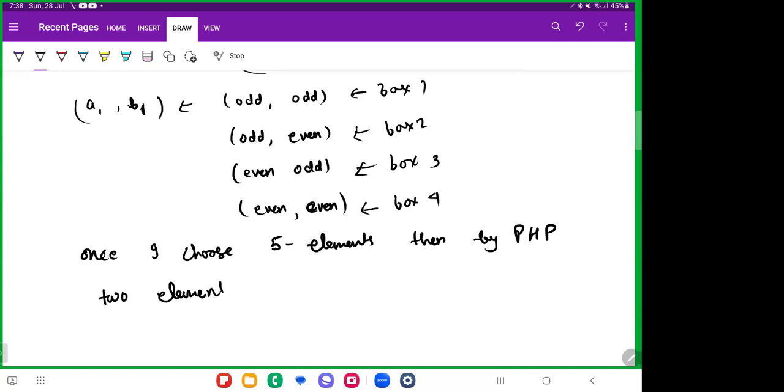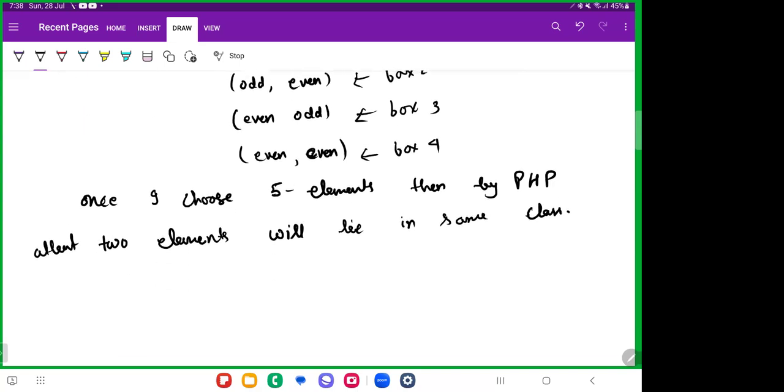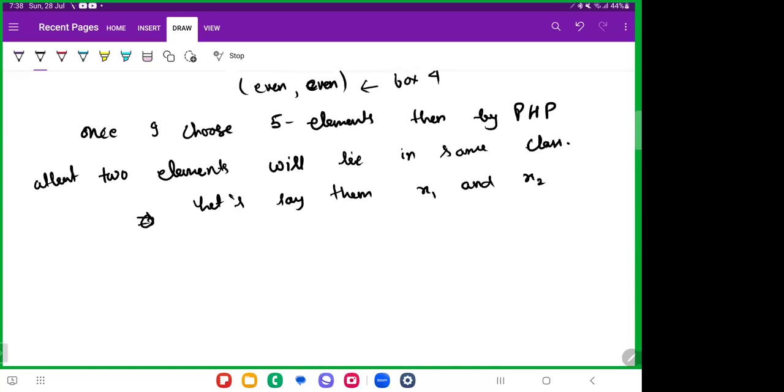Then at least 2 elements will lie in the same class. Let's say x1 and x2. This implies x1 dot x2 will be a perfect square.